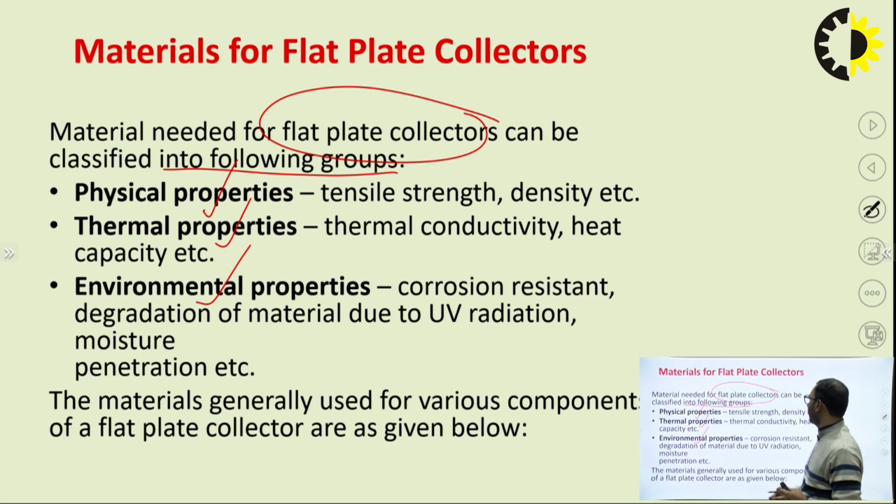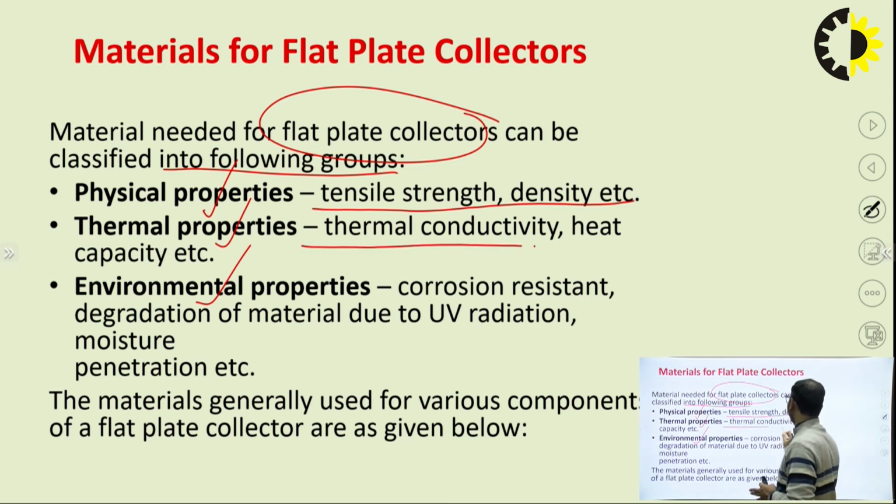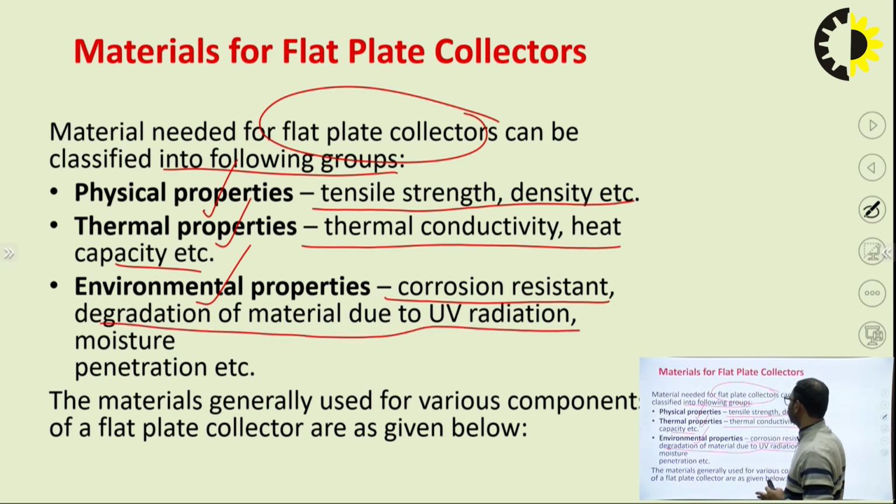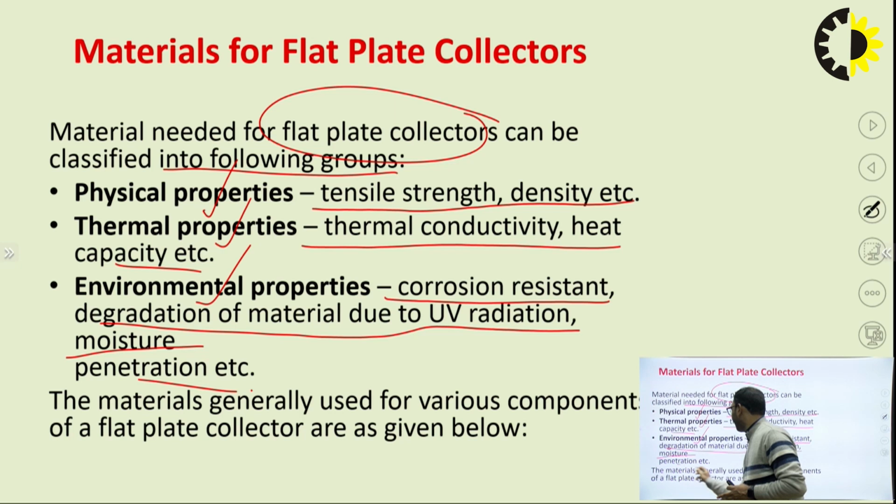So in physical properties, the material should have tensile strength and density. In thermal property, the material should have thermal conductivity and heat capacity. And for environmental property, the material should have corrosion resistance, resistance to degradation due to UV radiation, moisture penetration, etc.